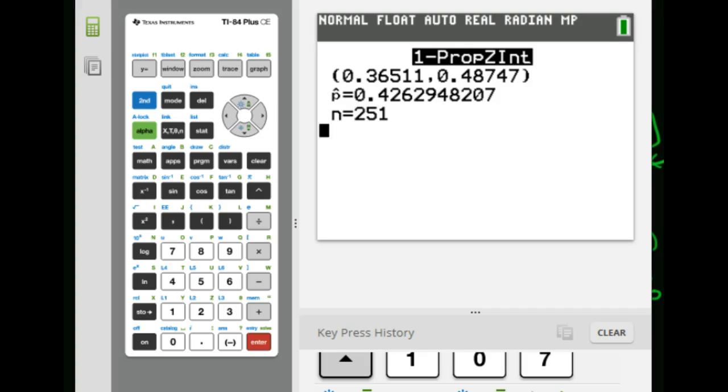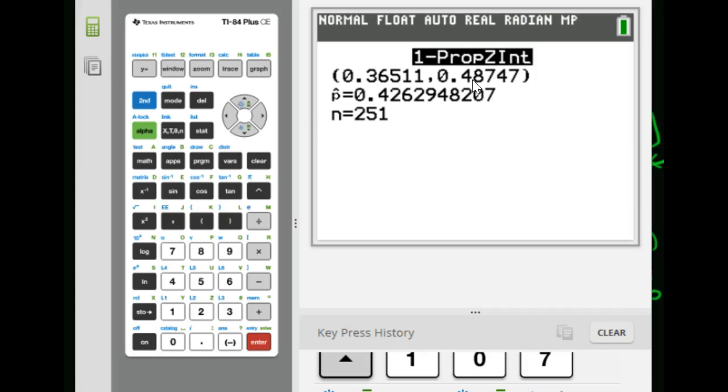I calculate, and boom, there comes the number. 365, 487, just like I did with the 1.96. And it tells me also what the p hat was for the sample and the sample size. So the calculator will do this all outright. That is under stat test 1 proportion z interval. So there you have that.